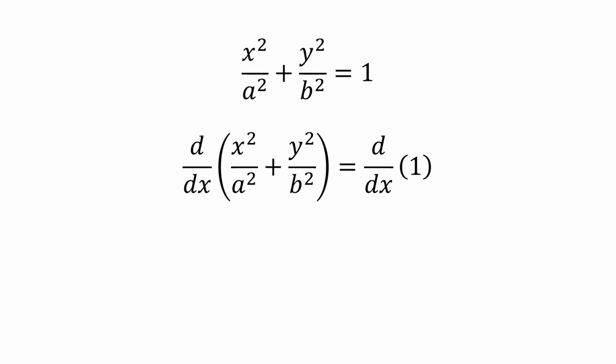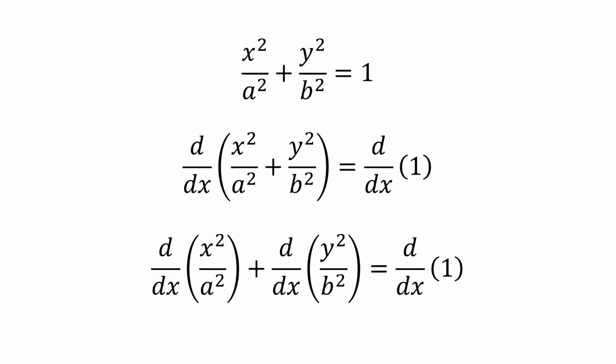To differentiate the left-hand side, we will apply the sum rule, and to differentiate the right-hand side, we'll apply the constant rule. This gives d by dx of x squared over a squared plus d by dx of y squared over b squared equals d by dx of 1.